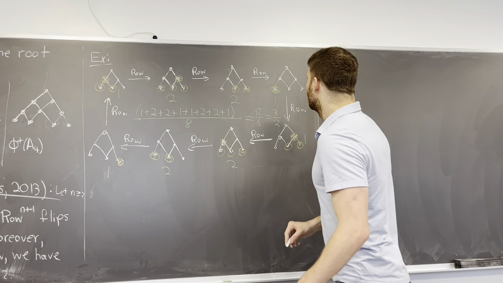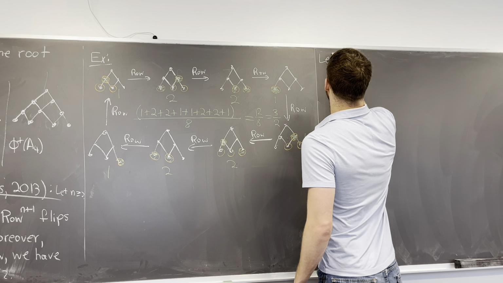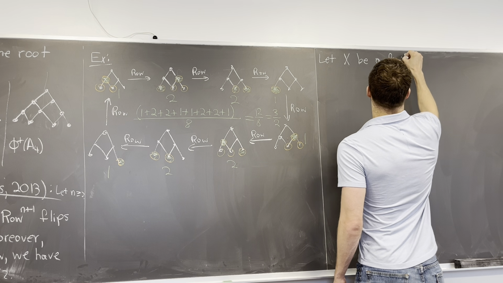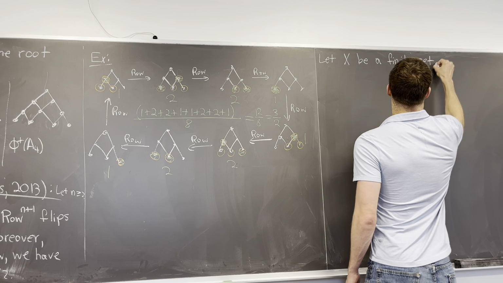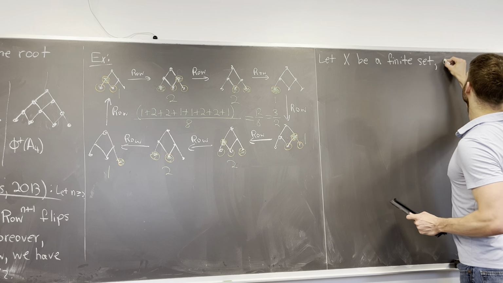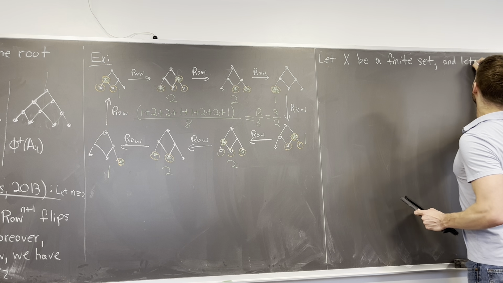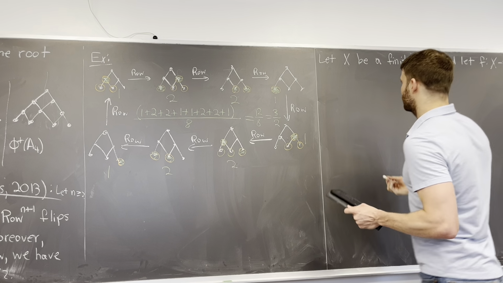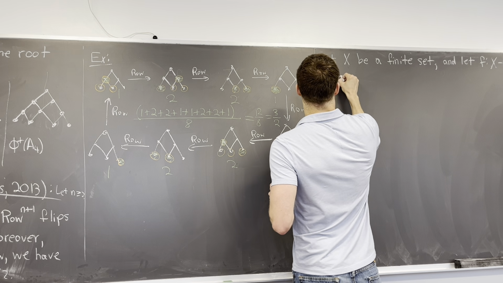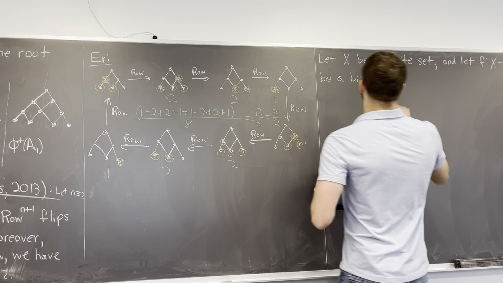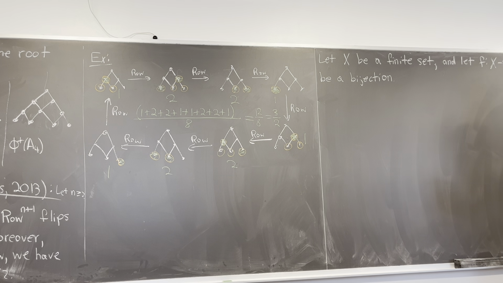Okay, so very generally we can just say let X be a finite set, and let F from X to X be some bijection. So we'll think of this as an operator that we're going to iterate, and then we can look at the orbits of F. So it breaks the set X into orbits.